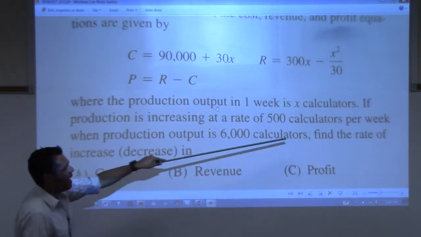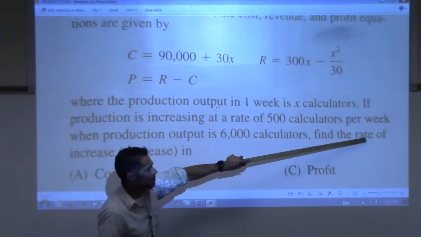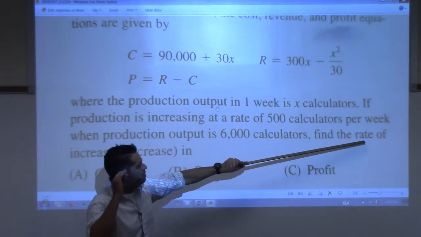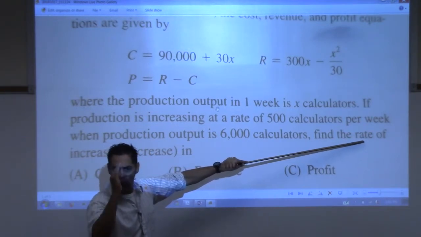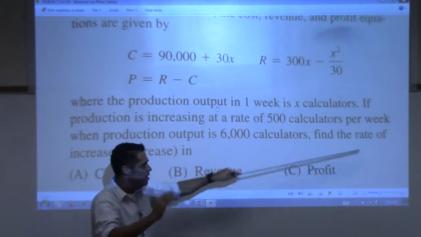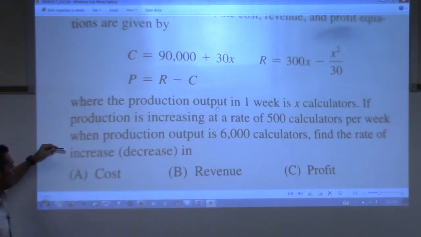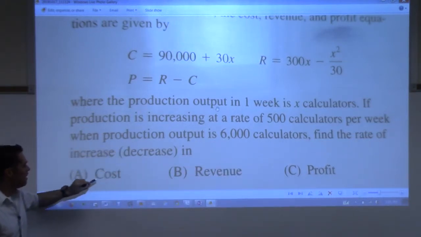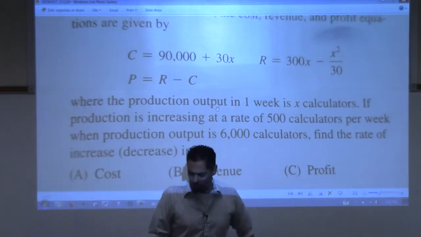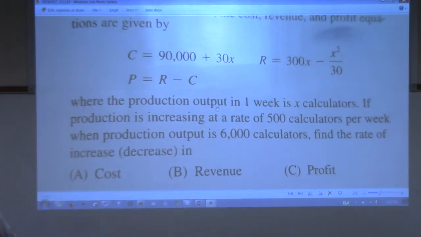We want to find the rate. And that word right there means derivative, okay? For us, when we see rate, we need to think derivative. We need to be looking for the rate of increase or decrease in cost, revenue, and profit. So the way we want to think about this is that we've got the company, we're making 6,000 calculators per week right now.